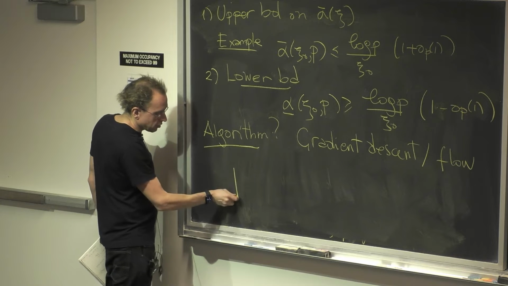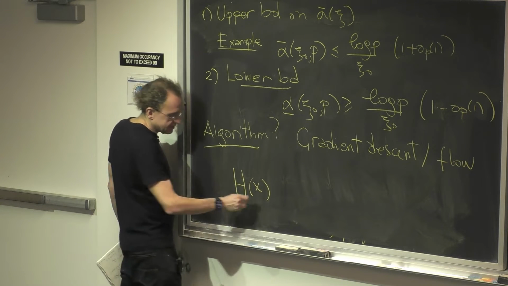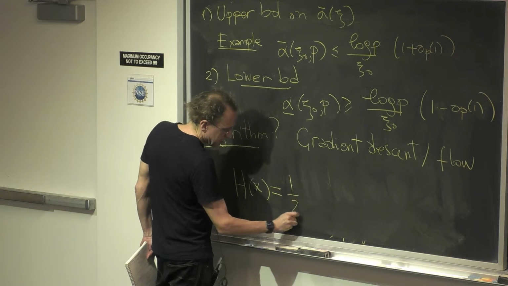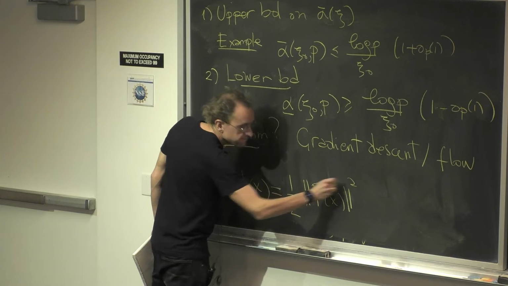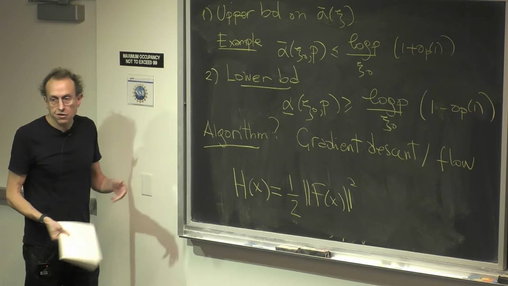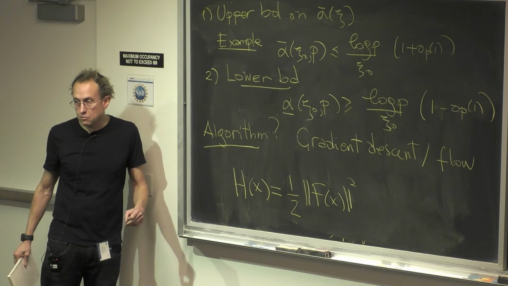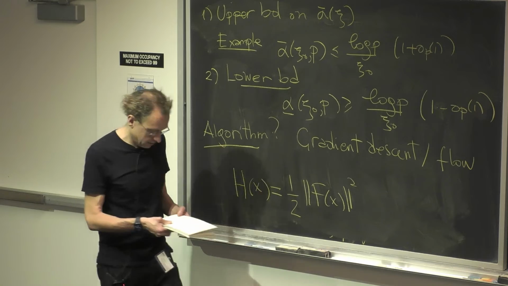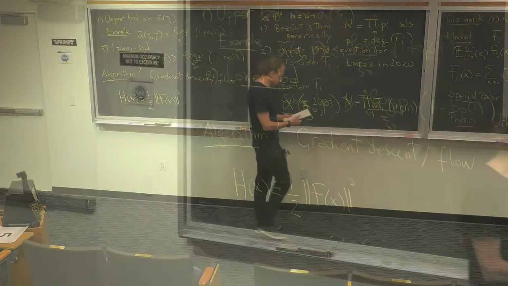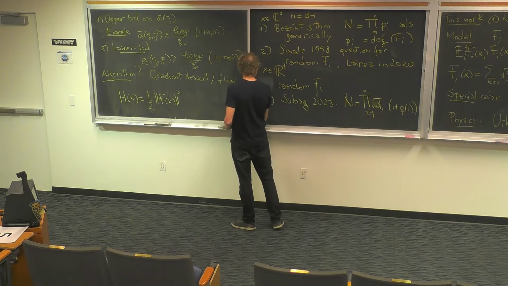I have to define a cost function. A very natural way is to just take half of the norm of f of x squared. So you have square loss basically, and we try to fit this equation with square loss, and we run gradient descent on it. All right, so the question is for which alpha does this succeed?